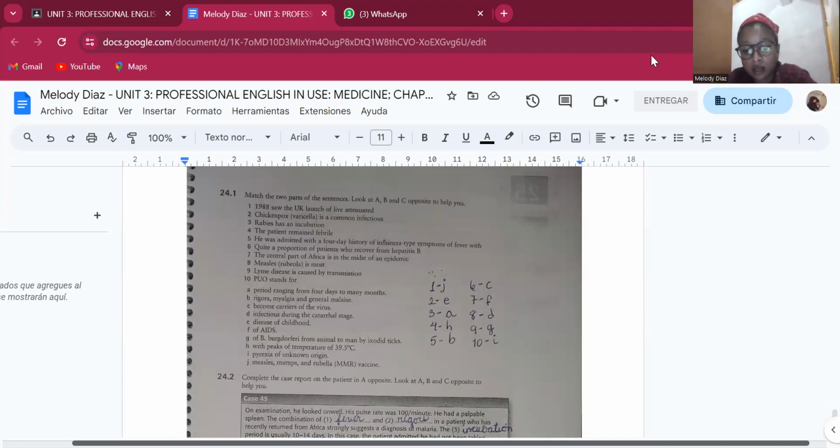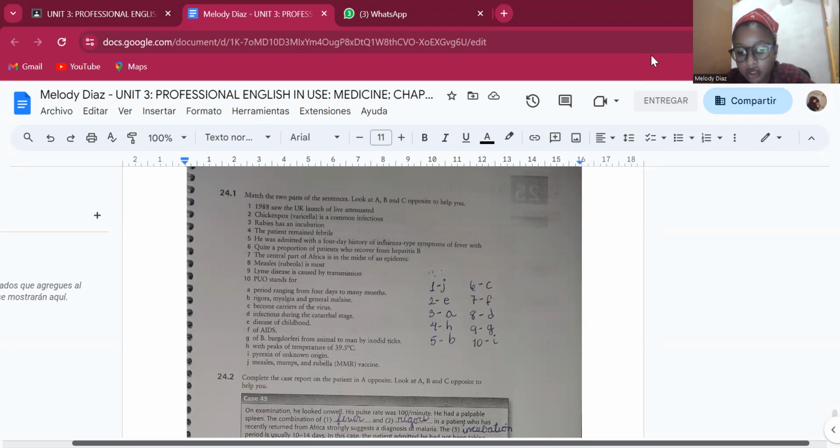Unit 24. Match the two parts of the sentences. Look at A, B, and C opposite to help you. Number 1, in 1988, the UK launch of live attenuated. Number 2, chickenpox, varicella, is a common infection. Number 3, rabies has an incubation.